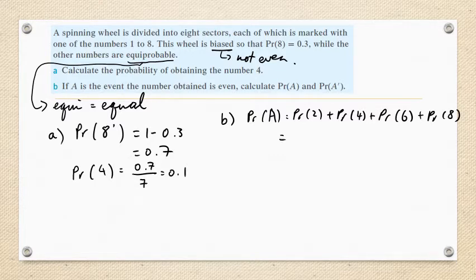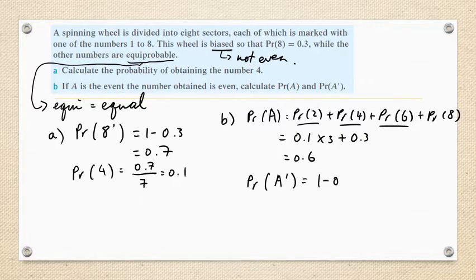However, remember 8 is 0.3. So we have 0.1, we have 1, 2, 3 of these, plus 0.3. So that's 0.6. So make sure you read the question carefully and check carefully on what's happening. So for A dash, remember it has to add up to 1, so 1 minus 0.6 gives us A complement, sorry, A dash, which is then 0.4.